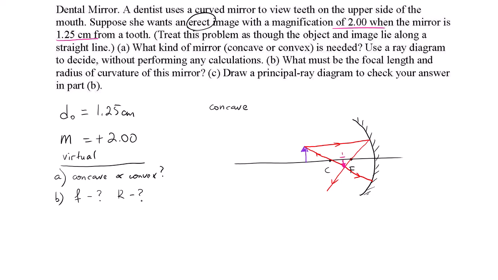So this is our image and this is our object. Clearly this situation is no use for us because the image is reduced and inverted. So let's try a different situation now.